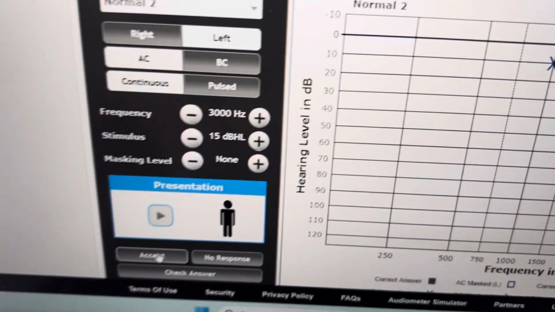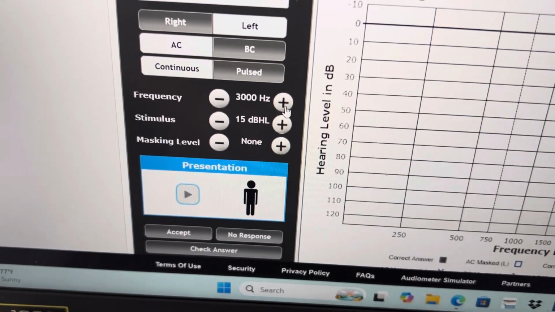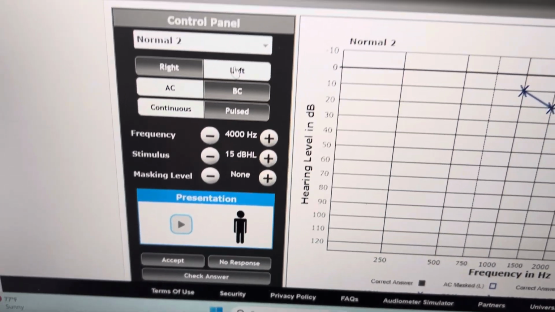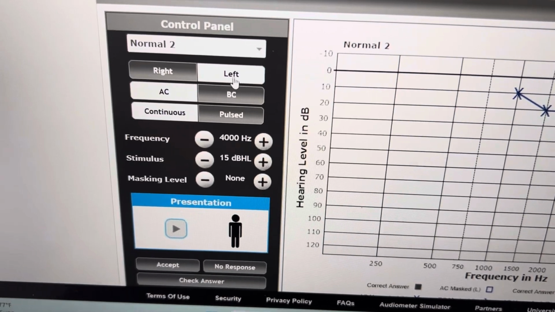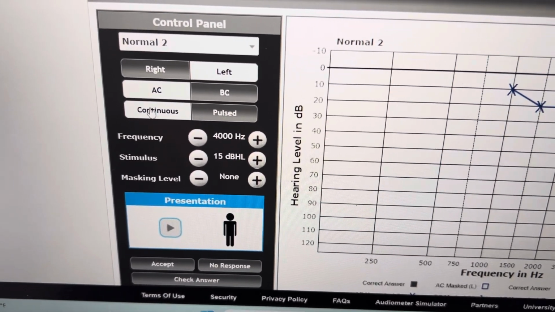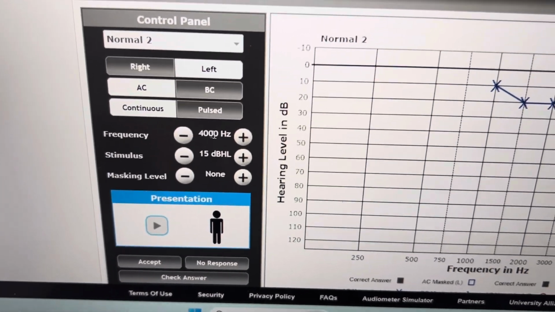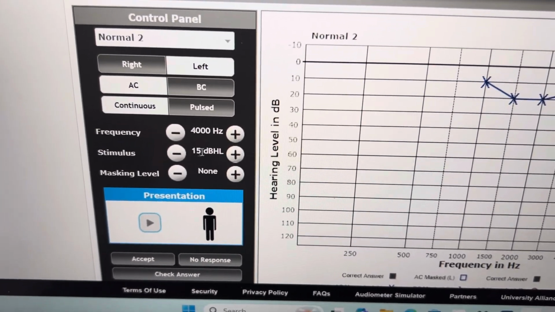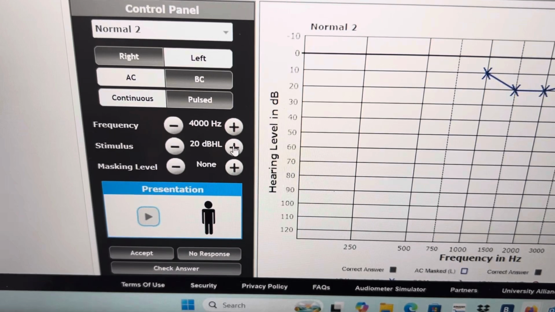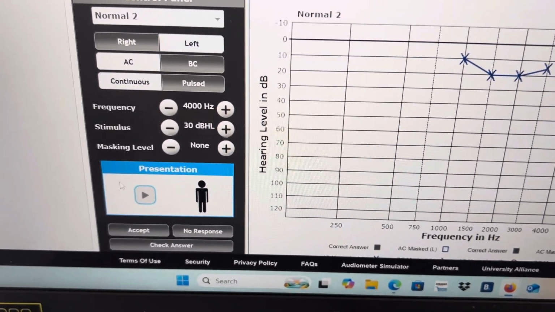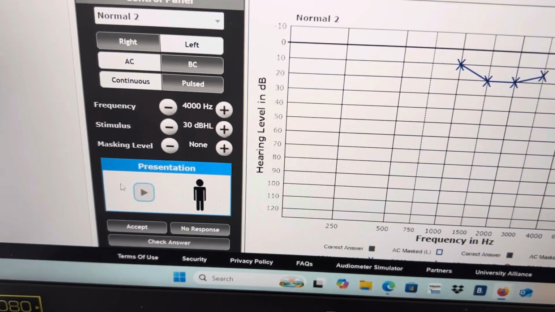If you can see here, we're moving to 4000 hertz. We're in the left ear for air conduction, on a continuous tone for 4000 hertz, and we're going to raise this to 30 decibels. Now we're going to press the presentation button.